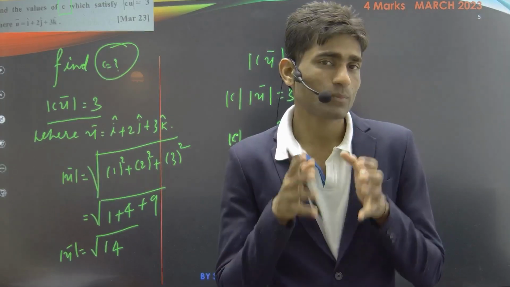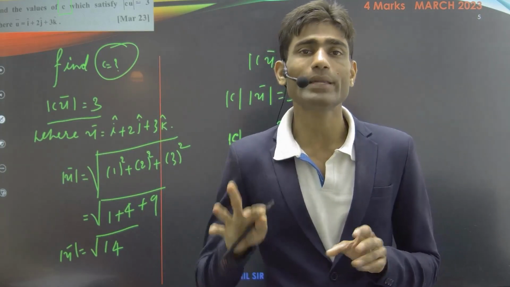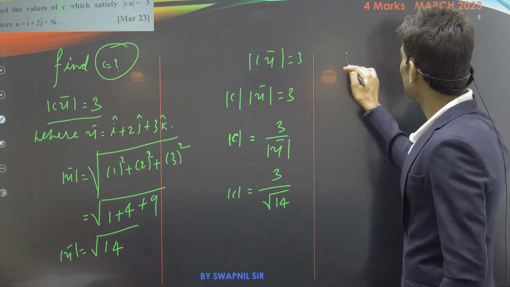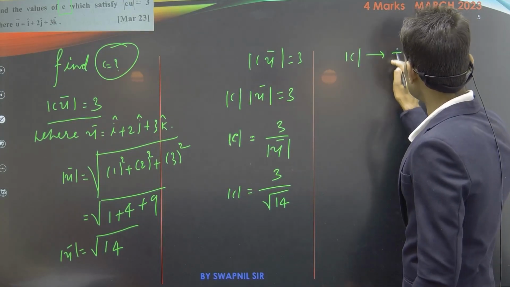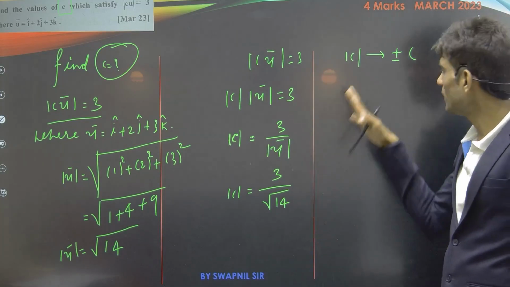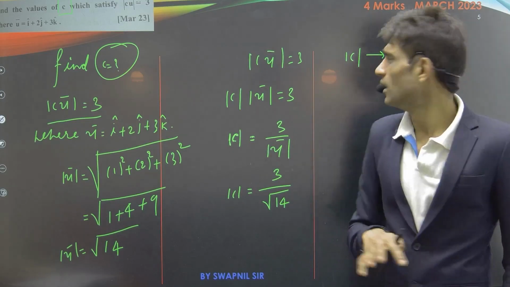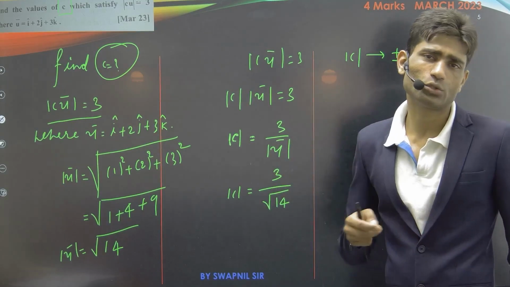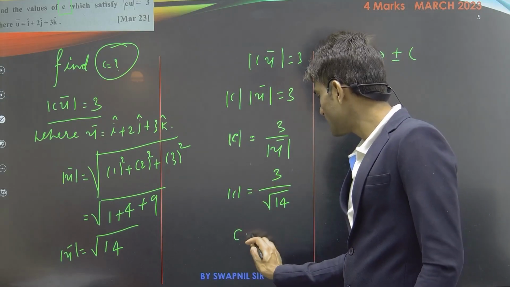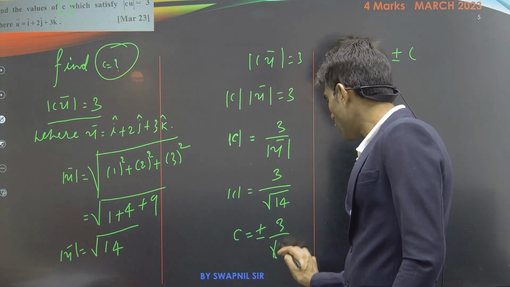Modulus gives us both positive and negative signs, and only c represents that it has a positive sign. That means modulus of c can be written as plus minus of c. Any positive value or negative value under the modulus goes to the positive. So we write c equal to plus minus 3 divided by root of 14.